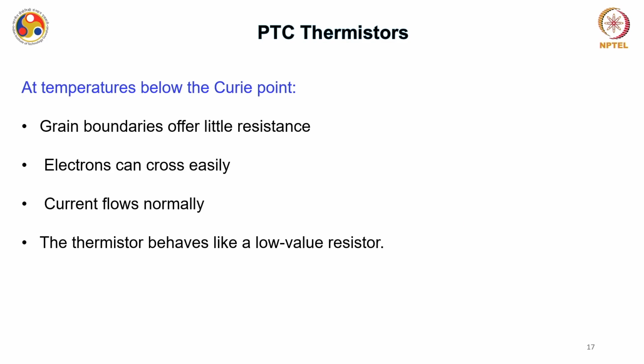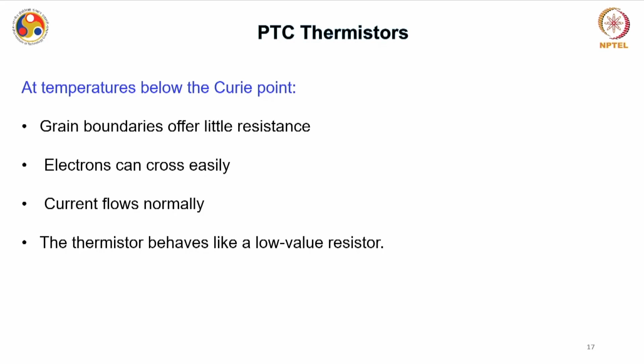Okay, so at temperature below the Curie point, the grain boundaries actually offer very little resistance or nearly no resistance, which means that electrons can cross these boundaries very easily and the current will flow normally. Okay, and in this state below the Curie temperature, the thermistor will behave like a low value resistor.